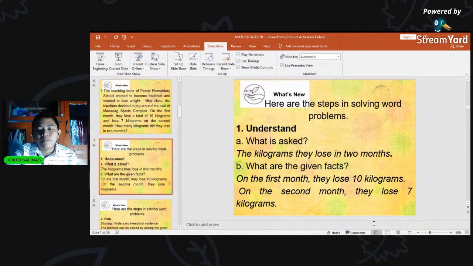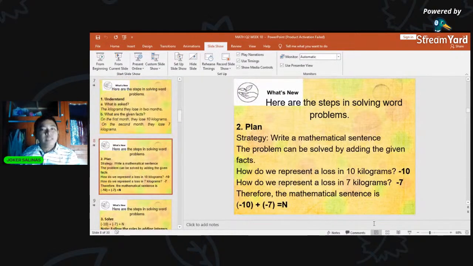For step number two, we need to plan. After understanding, we need to plan. The strategy we're going to use is to write a mathematical sentence. The problem can be solved by adding the given facts. How do we represent a loss of 10 kilograms?